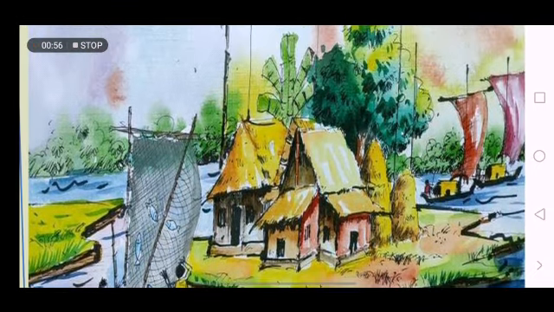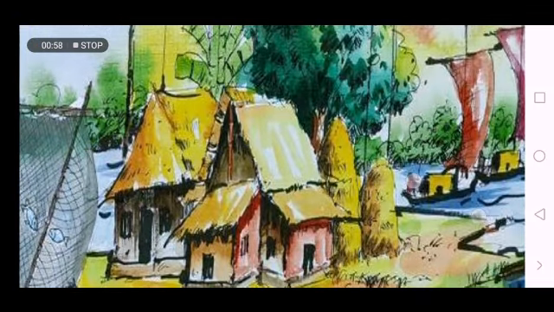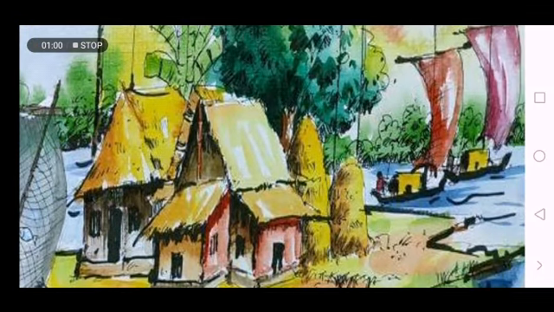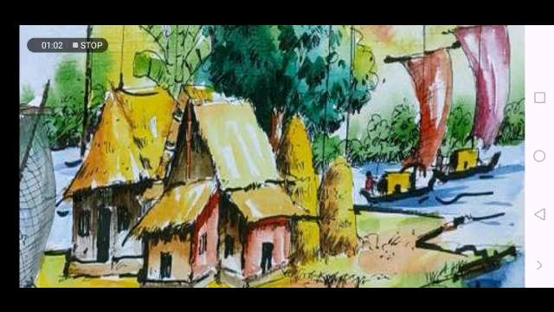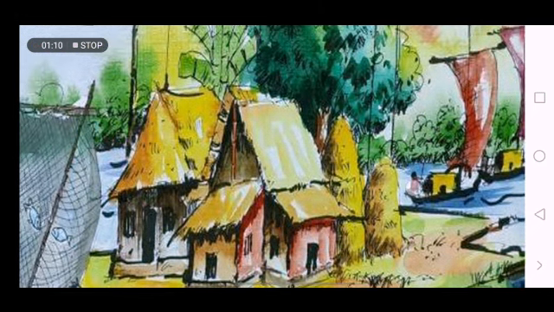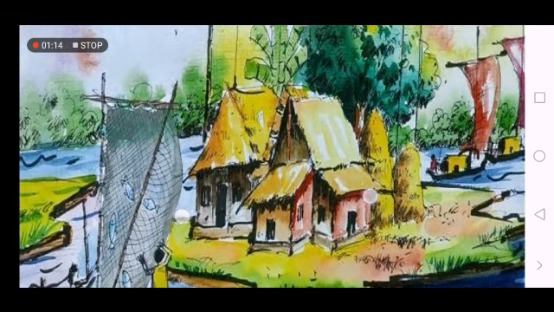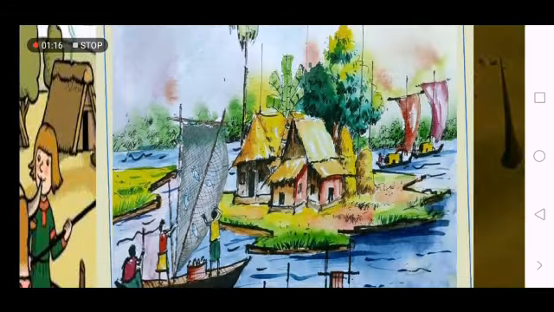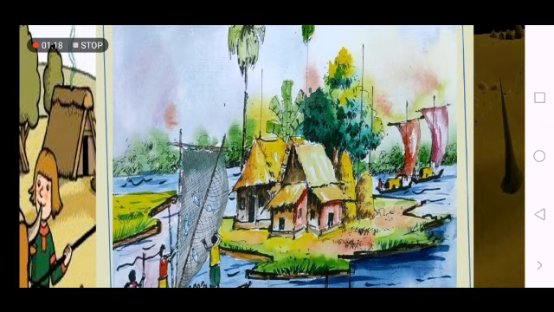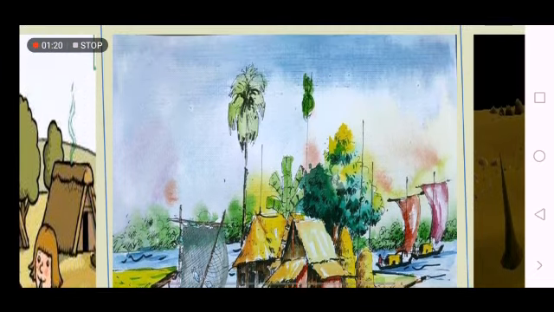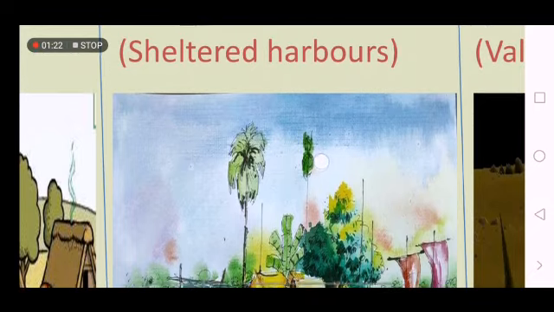A sheltered harbor is a place where ships and boats settle so that they can collect the fish that they catch and move it to another place so they can sell it there or give it to other people. So the place to be good for a fishing village had to be near a sheltered harbor.